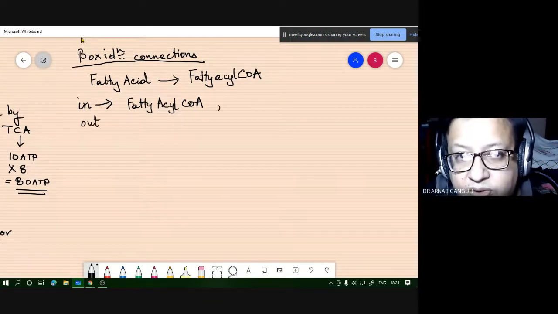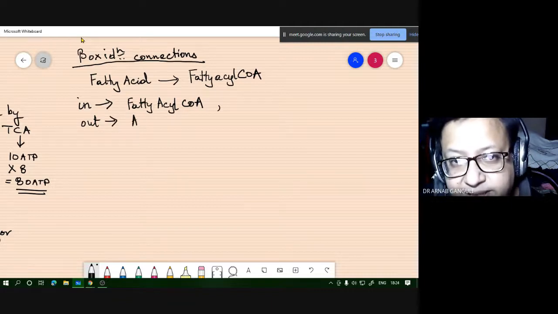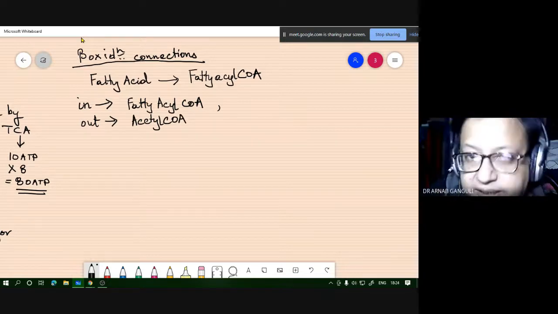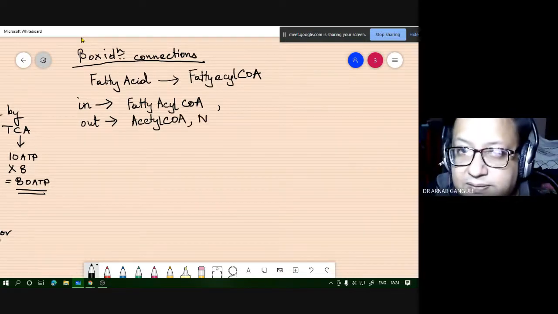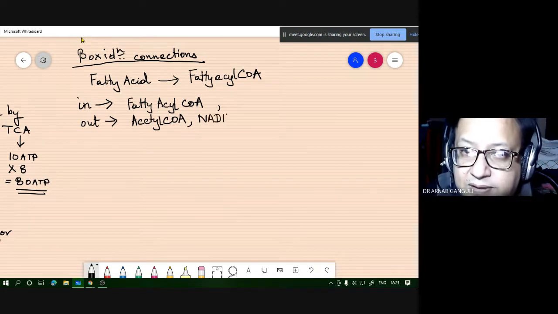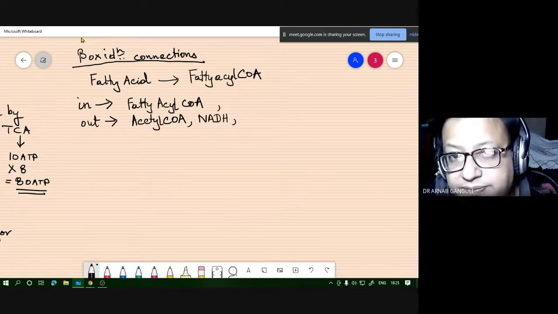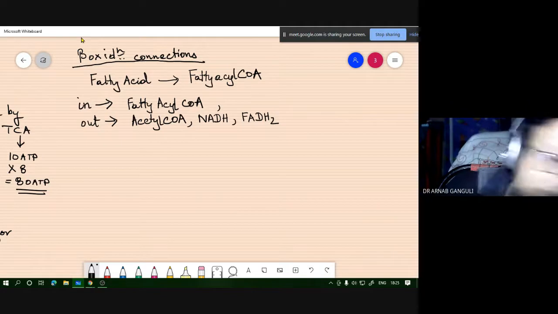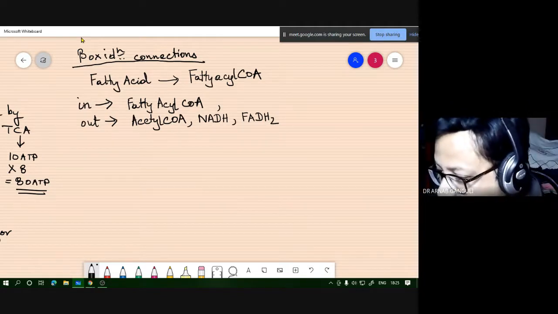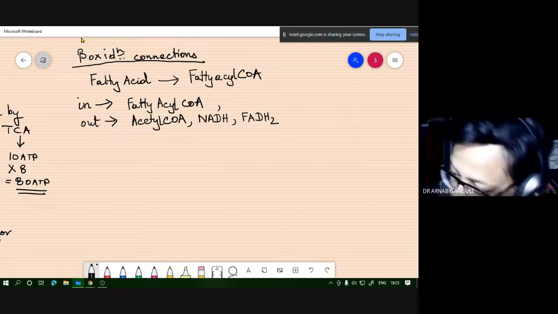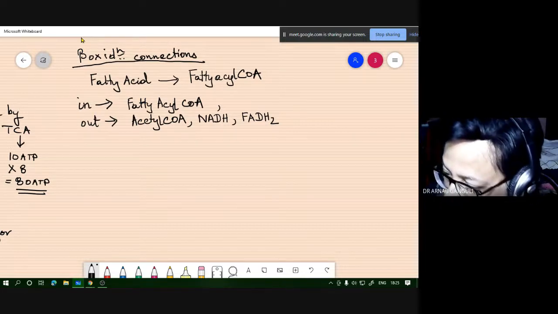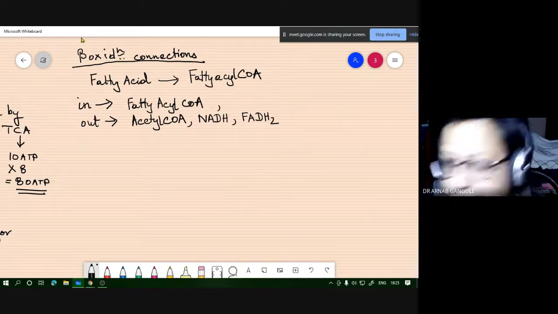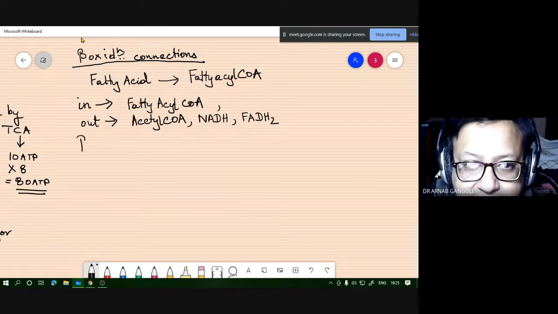And what you get out is acetyl CoA. Also, what you get here is NADH. Okay. Now, what are the regulatory steps?